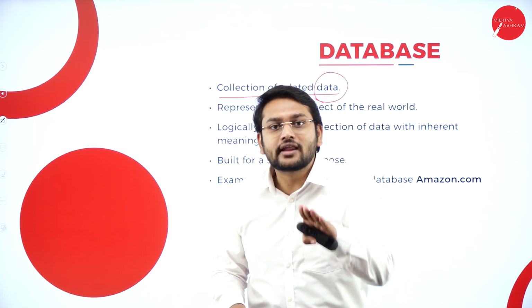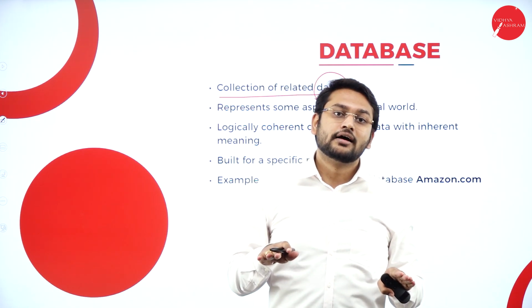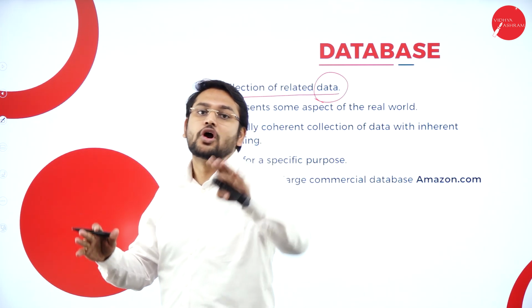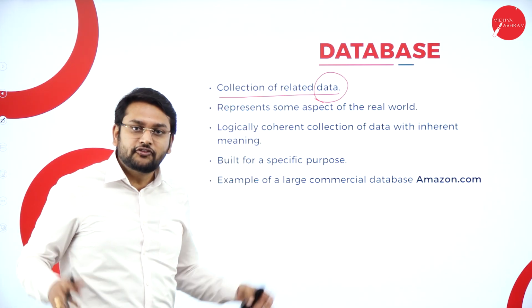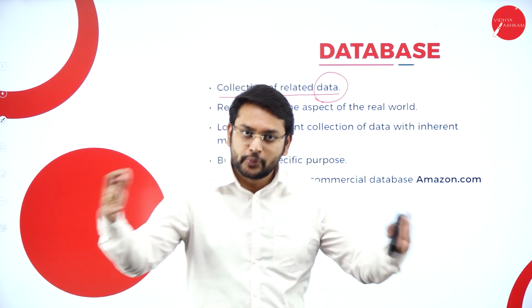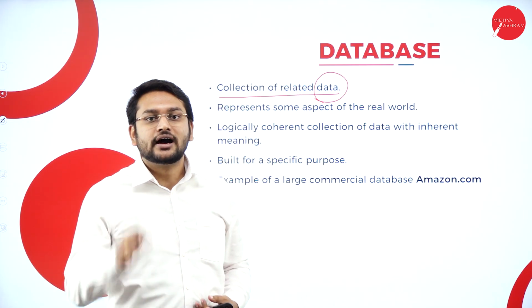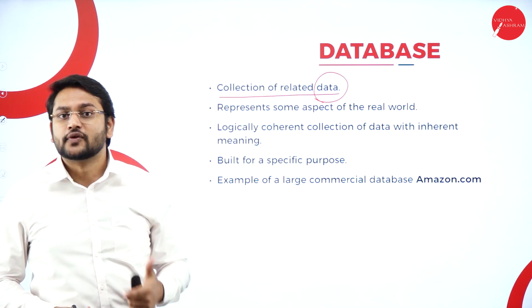If you are collecting data, it should be related data. That is the second thing you need to understand. If you have the data of related things, you group it together, and that is what I will call a database. That is the first thing that you need to understand.